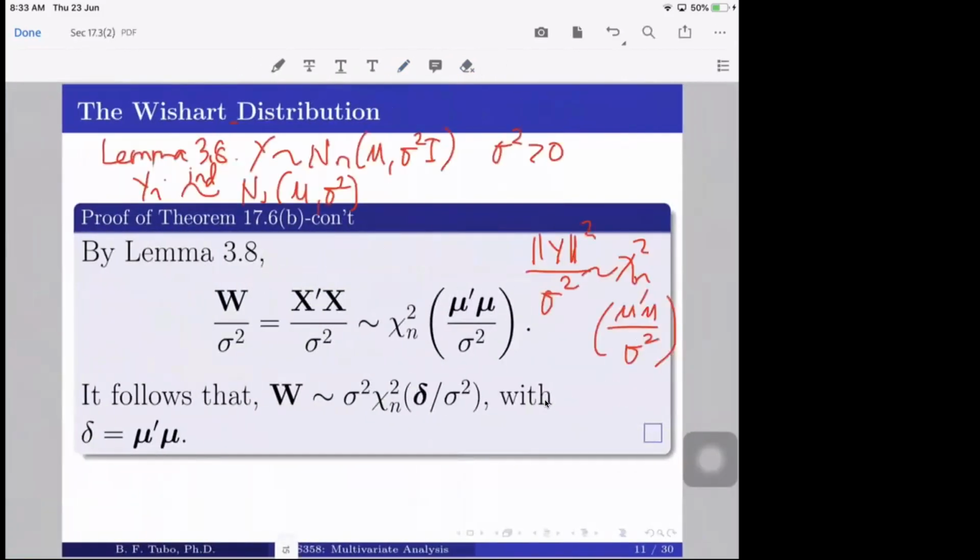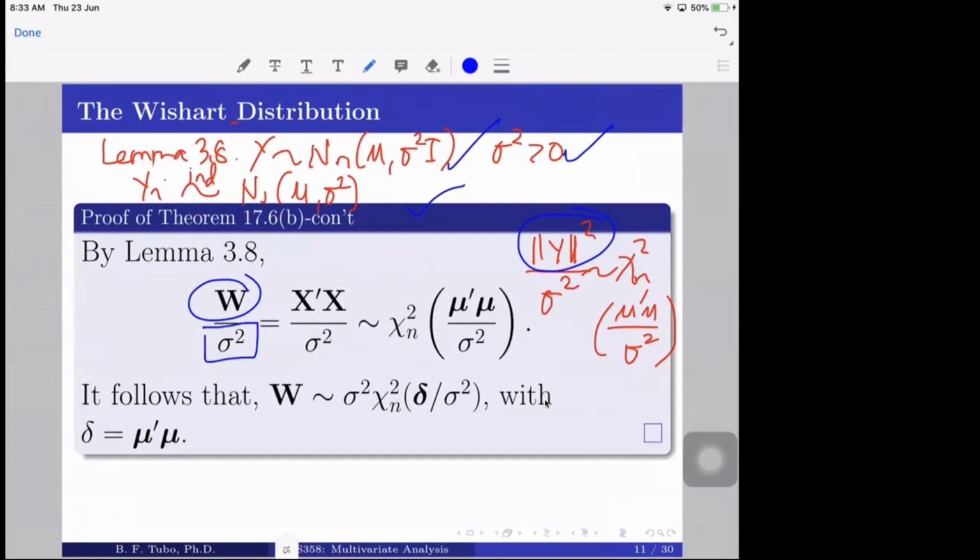So the conversion now satisfies this one, and this one. So we say that W, which is x prime x, similarly, that is your square norm of y. In our case, that is x, and then divide it by sigma square is chi-square distributed, with mu prime mu over sigma square. So if we let delta to be mu prime mu, then we arrive at what we want to show.